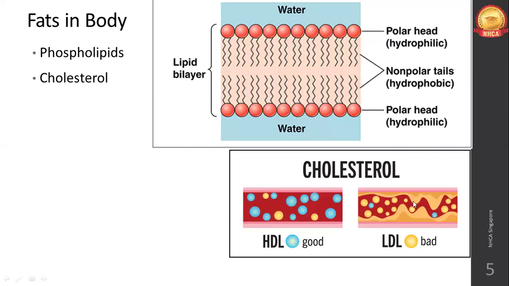And usually the low density lipids are saturated in nature, so the other lipid molecules will also stack up on each other, and they will form blockages in the artery. So that's how cholesterol functions.